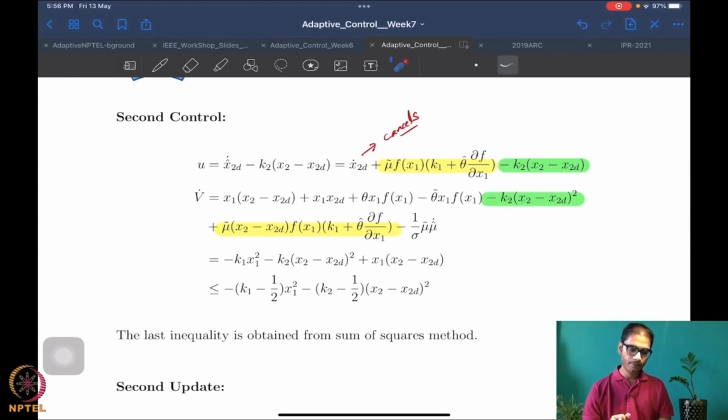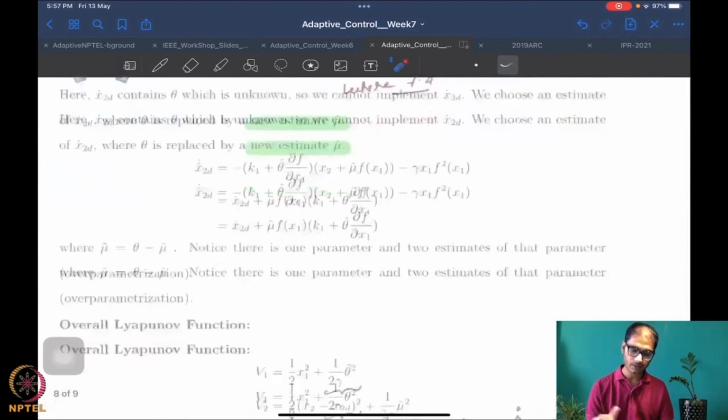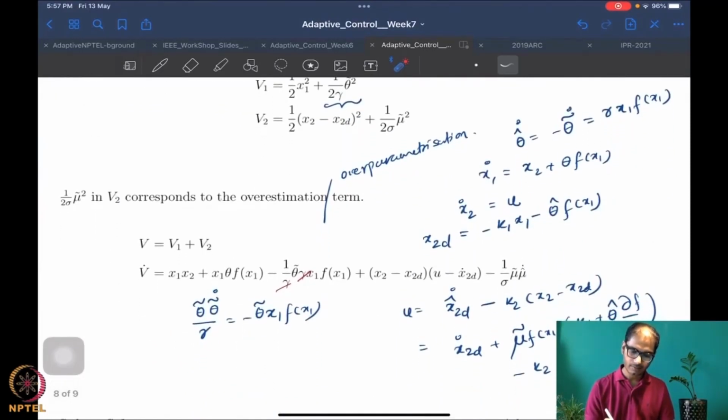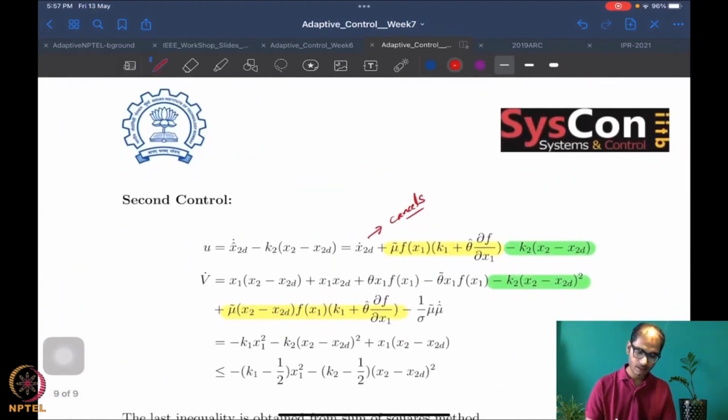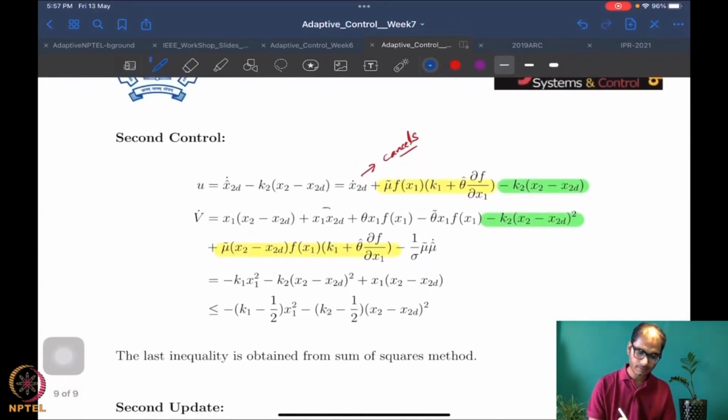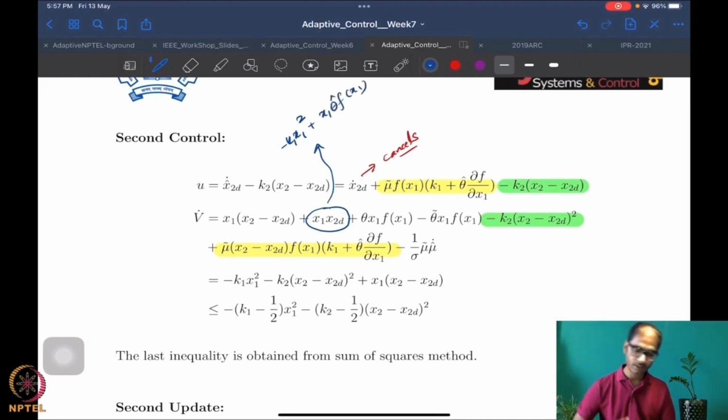Now if I look at this, x1 times x2 desired, what is x1 times x2 desired? x2 desired is this. So x1 times x2 desired, if I expand this term, is minus k1 x1 squared plus x1 theta hat f(x1).